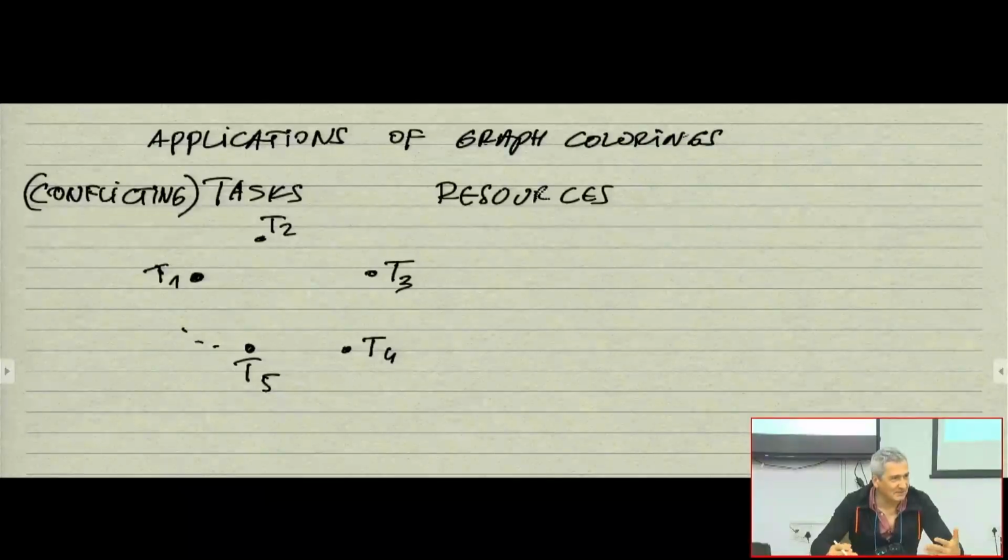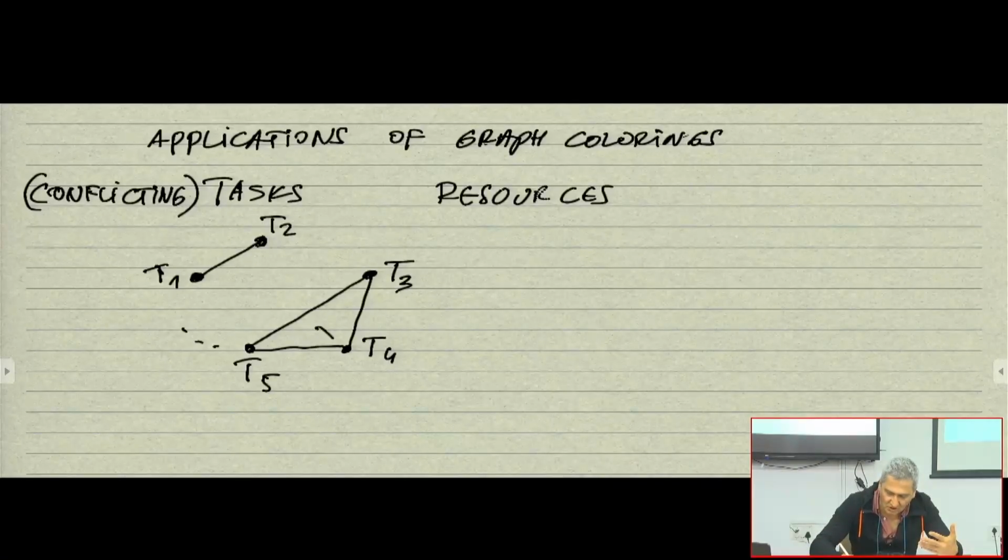If two tasks are conflicting, what do we do? We put an edge between them. So these two are conflicting, they cannot happen at the same time. Maybe these two are conflicting, maybe these two. And so on, and so we get a graph.